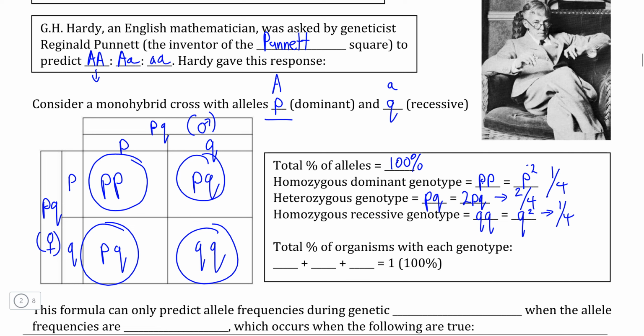And since G.H. Hardy was only looking at 2 alleles, the total percentage of each allele in the population is 100%, because these are the only 2 alleles that exist.